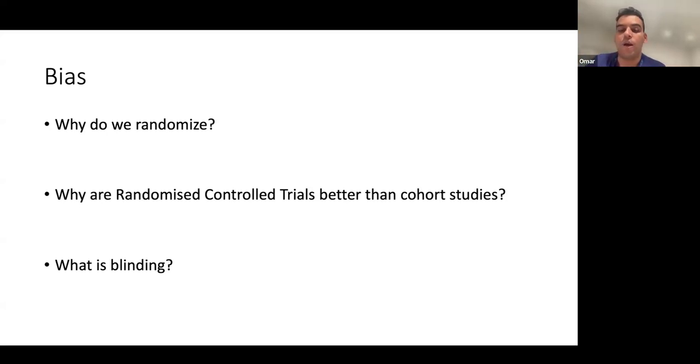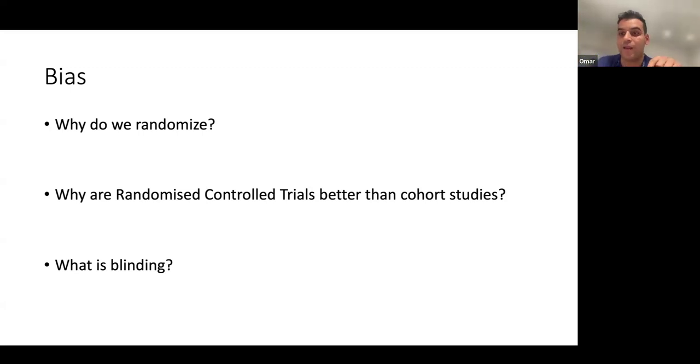Say, for example, you're looking at only district general hospital patients between 18 and 40. That might not be a true inclusion criteria to one of the arms, but it's an inclusion criteria for the study population. So that's selection bias for the study population.